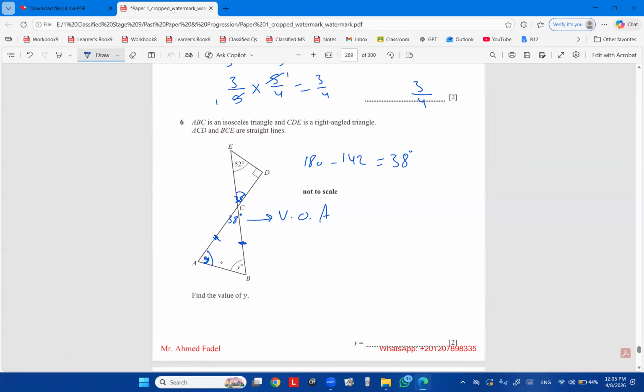So the angles of the third different side are equal. This is 38, so 180 minus 38 gives exactly 142 degrees. But this is for both of them, so 142 divided by 2 gives exactly 71 degrees. So this is 71 degrees.